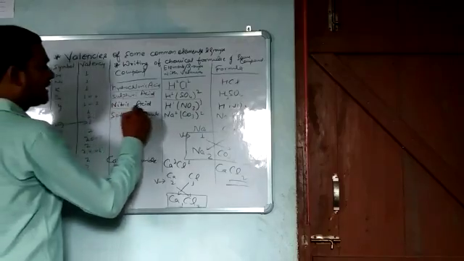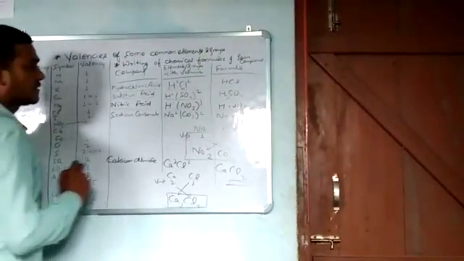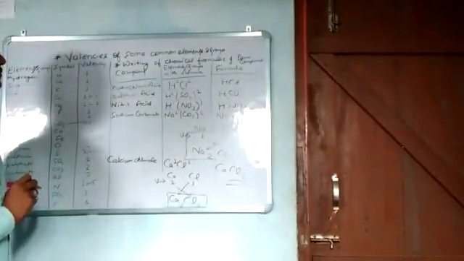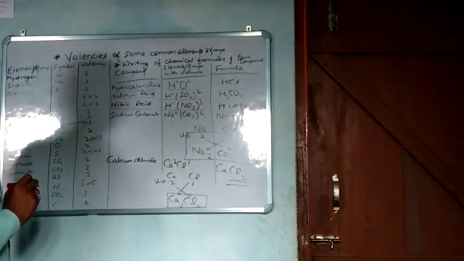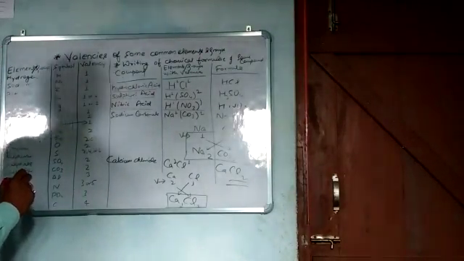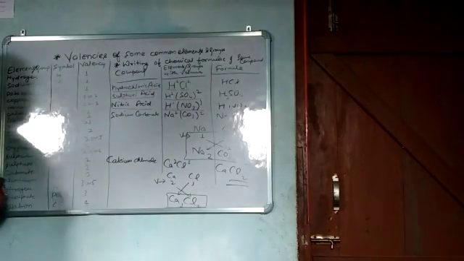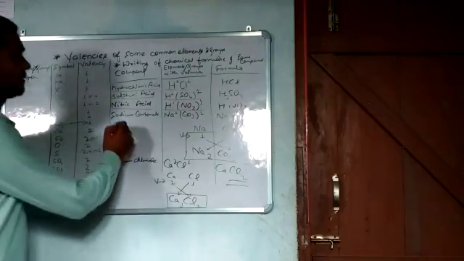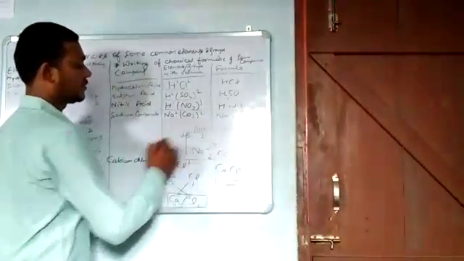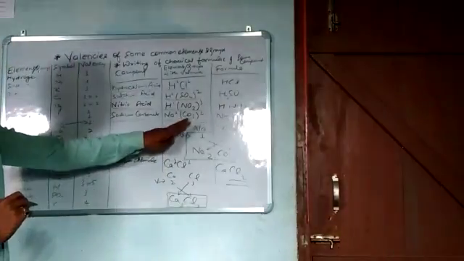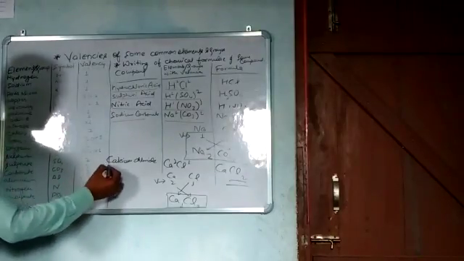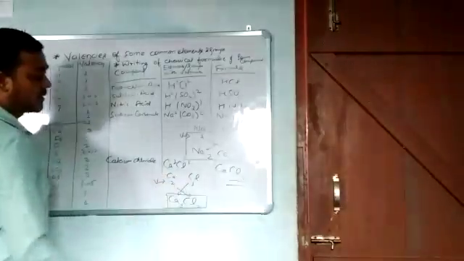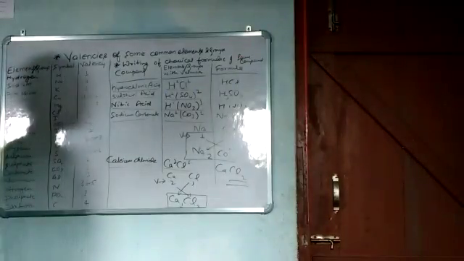Okay, nitric acid consists of one atom of hydrogen and one atom of nitrate. Sodium carbonate contains two atoms of sodium and one atom of carbonate. Calcium chloride consists of one atom of calcium and two atoms of chlorine.